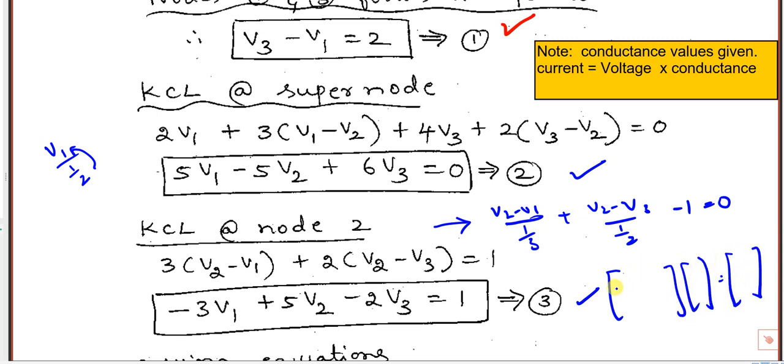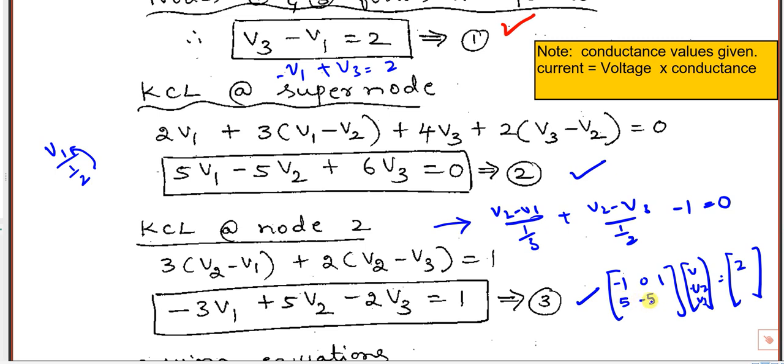The first equation is minus V1 plus V3 is equal to 2, so the coefficients are minus 1, 0, 1, with unknowns V1, V2, V3, equal to 2.